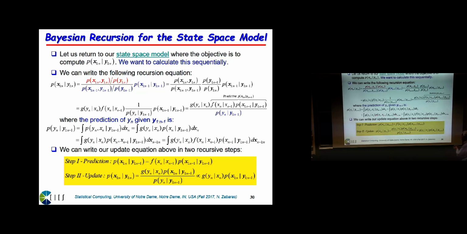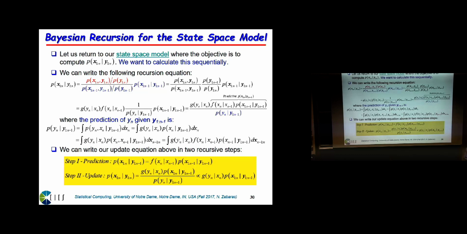And can you see now what I am doing again with Bayes' rule on the second term? I'm writing here the probability of xn given xn minus 1. What has happened to the conditioning on the data in this term? It is not needed. Why? Because the state xn minus 1 defines xn uniquely, right? It's a Markov model. Times the probability of xn minus 1 given y1 to n minus 1, okay?